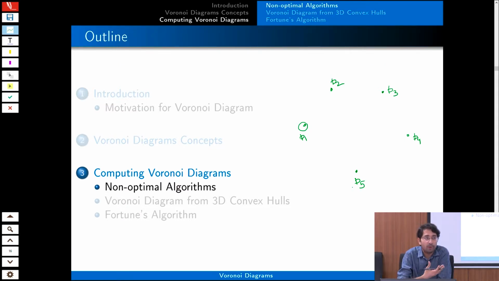What is the set of points which creates the Voronoi region of P1? These are the set of points which are closer to P1 than to P5, these are the points closer to P1 than to P4, these are the points closer to P1 than to P3, and these are the points closer to P1 than to P2.